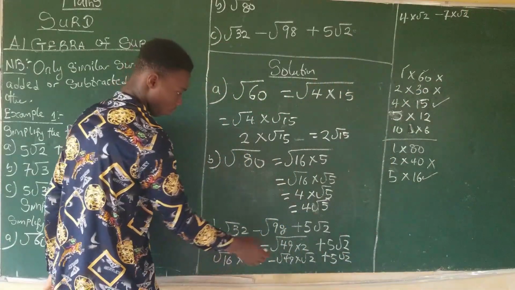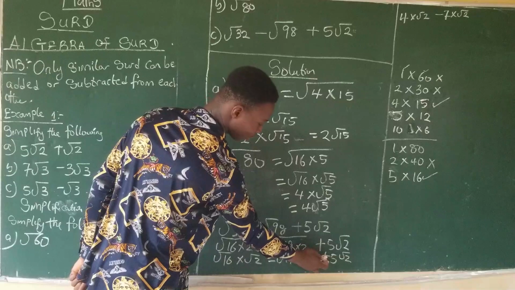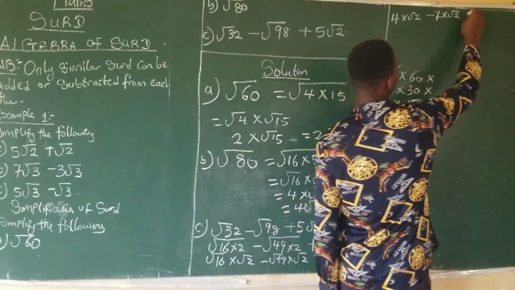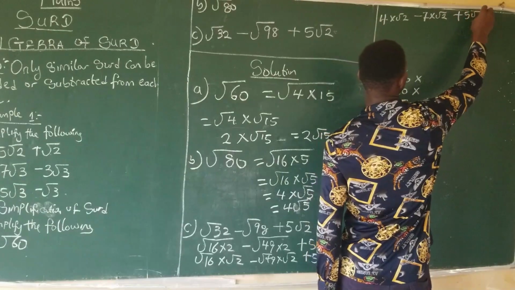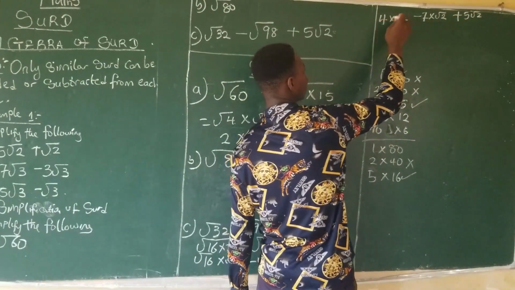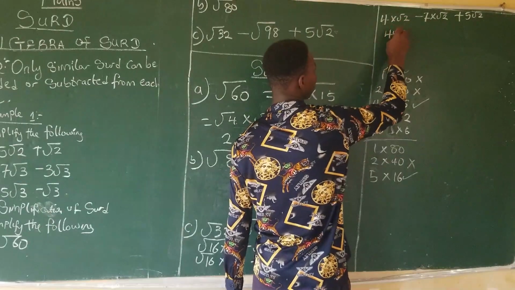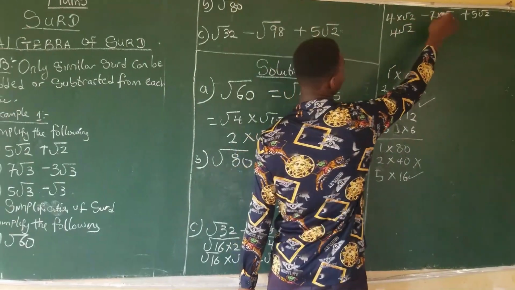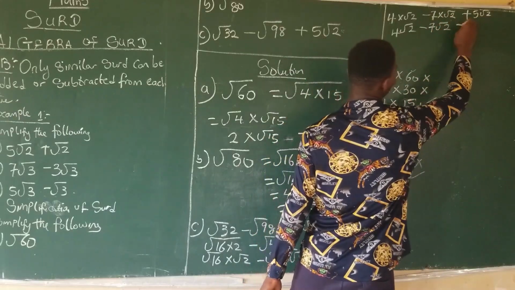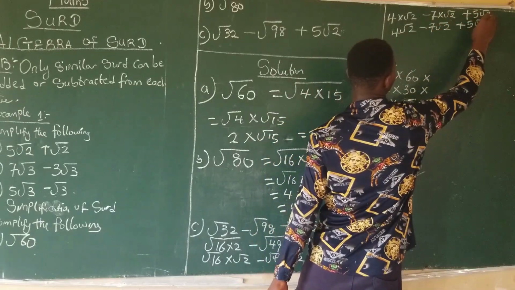So, why for this other side of it, we can leave it as the same thing as plus 5 root 2. Let these two things multiply themselves together. We have 4 times root 2 becomes 4 root 2. Why for this? Minus 7 root 2. Why for this? Bring it back plus 5 root 2.